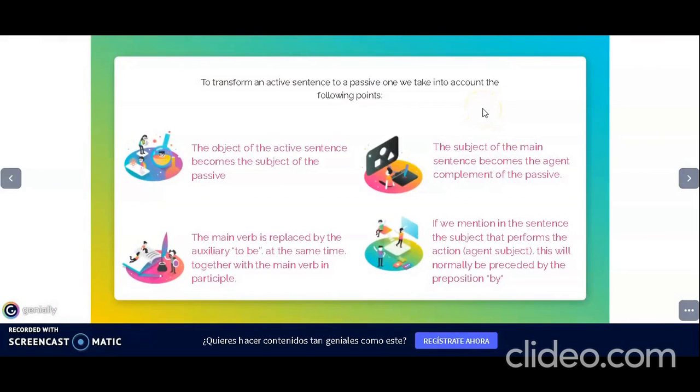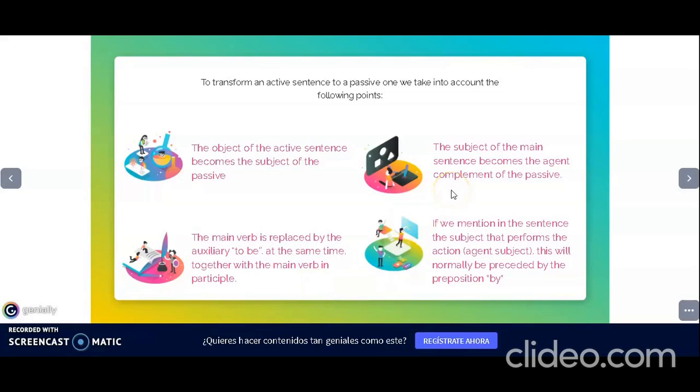To transform an active sentence to a passive one, we take into account the following points. First, the object of the active sentence becomes the subject of the passive. Two, the main verb is replaced by the auxiliary to be in the same tense, together with the main verb in participle. 3.